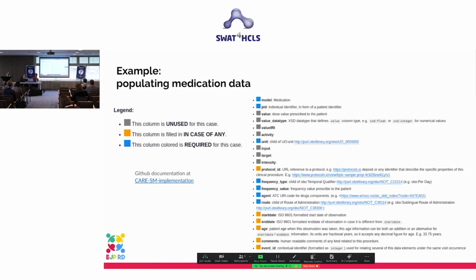We have a GitHub page that informs each one of the data element representations and gives a glossary for each one of those. I will jump to this representation in a few minutes.